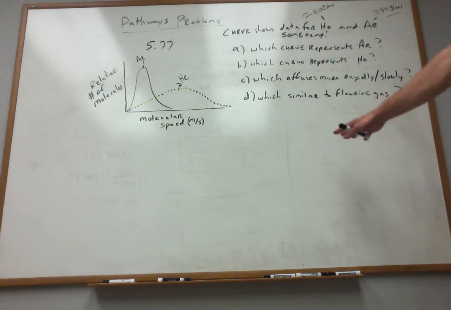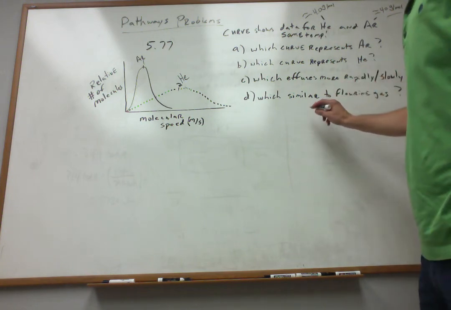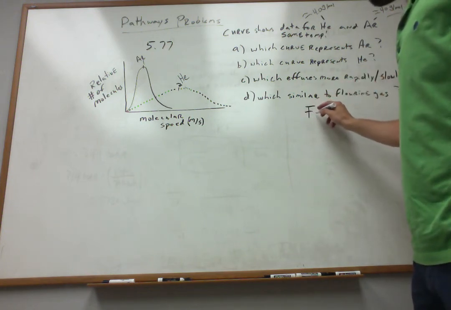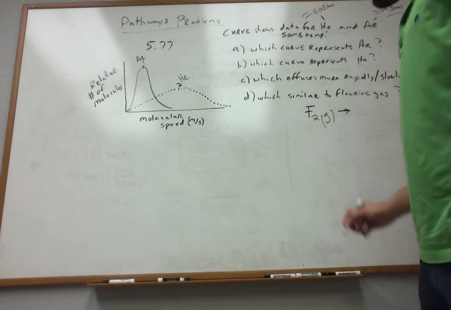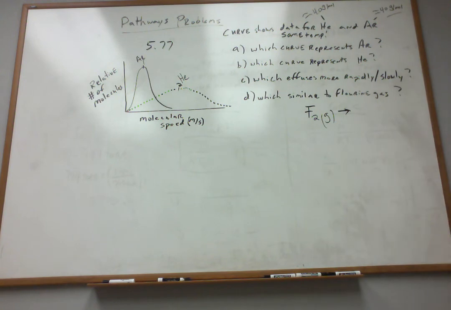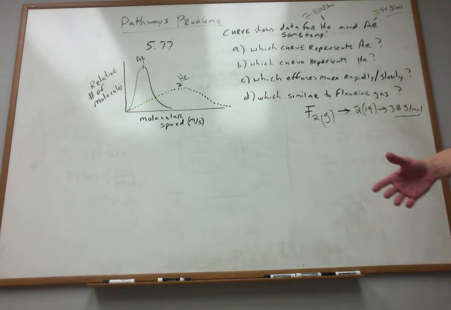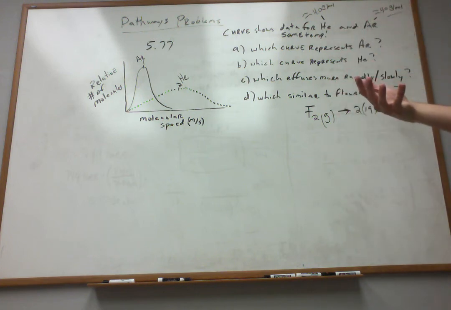Lastly, we're asked to draw a comparison with fluorine gas. Remember, fluorine gas is a diatomic, right? It's one of our halogens. F2 gas is what we're talking about. If I want to report the molar mass of fluorine, it would be 2 times 19, 19 being the number on the periodic table, which gives me about 38 grams per mole. I'm doing this because I want to compare that molar mass with one of my test gases to see which one's more like it, because that mass is what's crucial here.